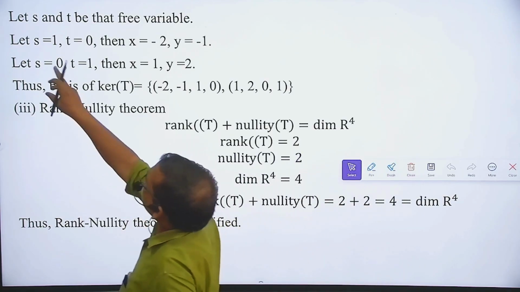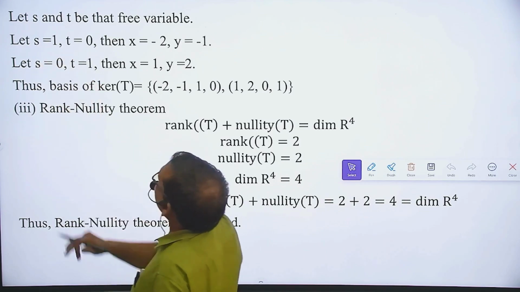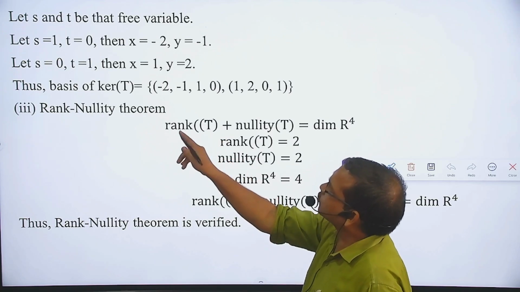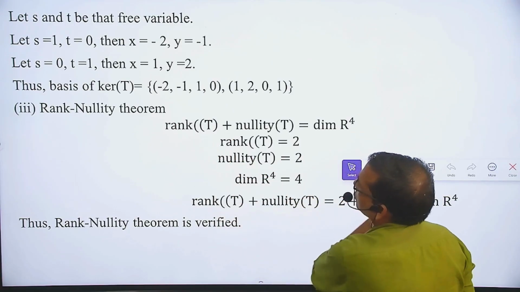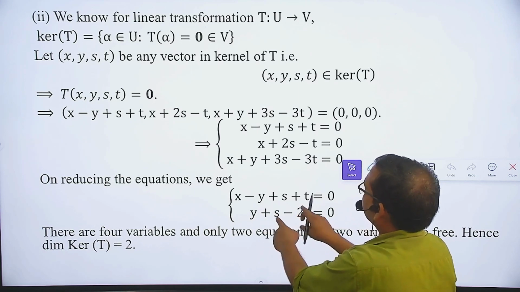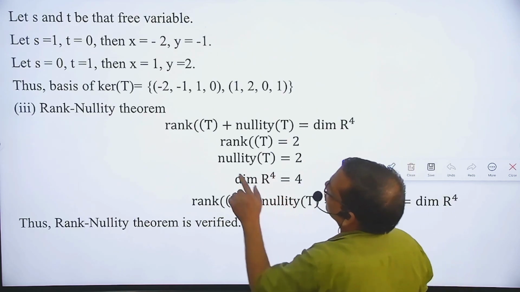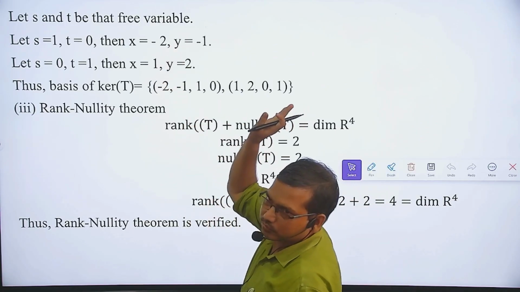For the first vector, take s equal to 1 and t equal to 0, and putting this in the previous two equations, we get x equal to minus 2 and y equal to minus 1.